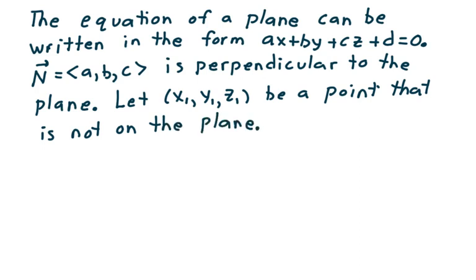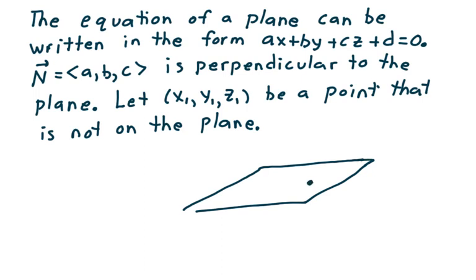So we have something that looks like this. We have a plane. So I'll just draw it this way. And we have a vector n. And we have a point that's not on the plane. That I'm going to call x1, y1, z1. Okay?